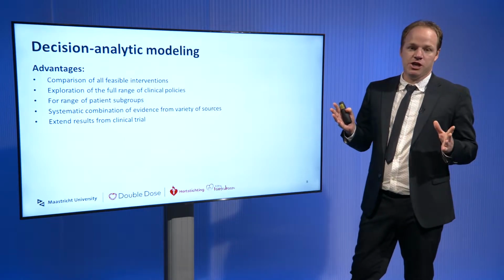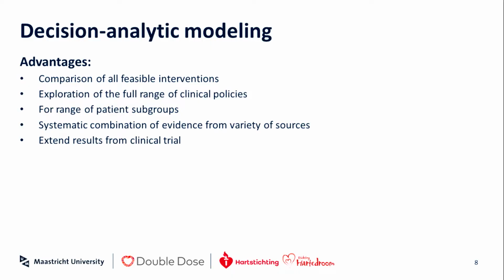Some advantages of modeling. It allows to compare all feasible and all relevant interventions. It explores the full range of clinical policy questions in all populations and in all aspects. It's something done for a full range of patient subgroups. You can really identify in each subgroup the cost effectiveness of the intervention.